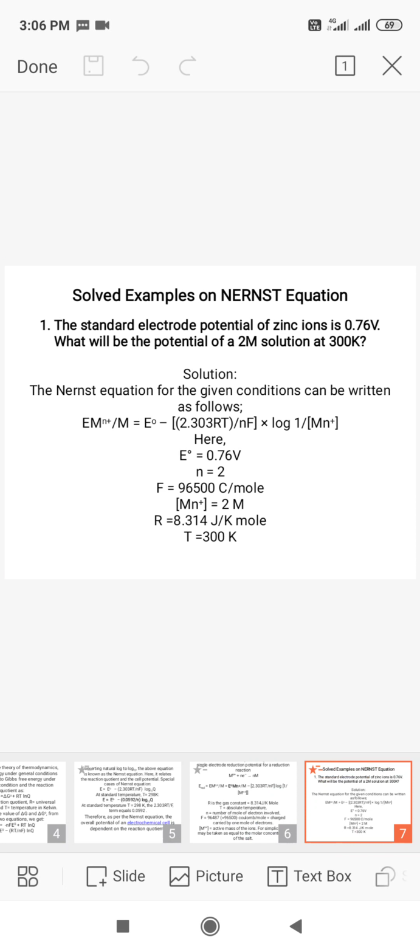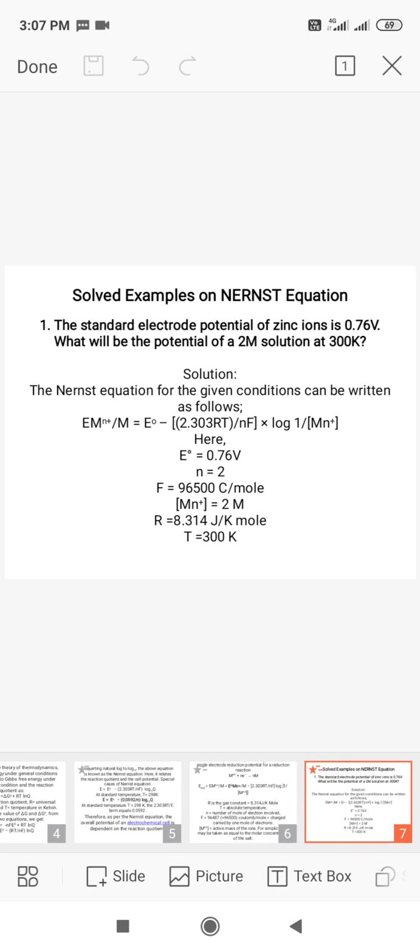For this, first we have to use the Nernst equation. Here in the problem, a zinc electrode is given, because a zinc electrode is usually in contact with a solution containing zinc 2+ ions. The concentration of zinc 2+ ions is given as a 2 molar solution.